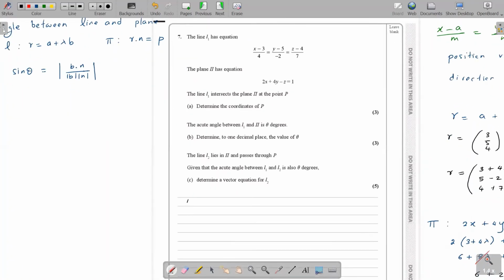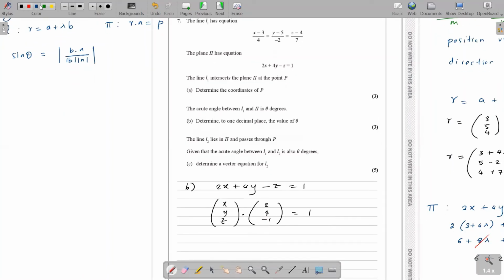You know 2x plus 4y minus z equals 1 can be written as x, y, z dot 2, 4, minus 1, because then you get 2x plus 4y minus z equals 1. So basically r dot n equals p, and here your n is 2, 4, minus 1. And your b, the direction vector of the line, we can take from the equation: 4, minus 2, 7.